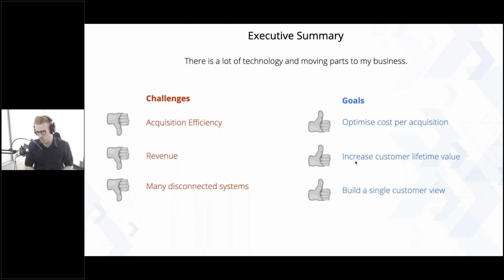Some spend a lot more, some buy a lot, but that's the average, is that they just attrit. So if we can try to increase that, that will inherently increase revenue. And then finally, many disconnected systems. So build a single customer view. It's a very simple answer to that one, but it would just be to centralize it somewhere and have one single view.